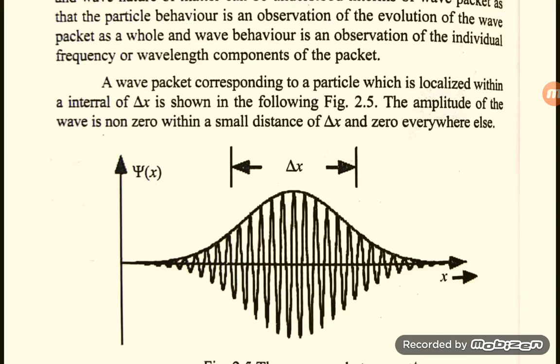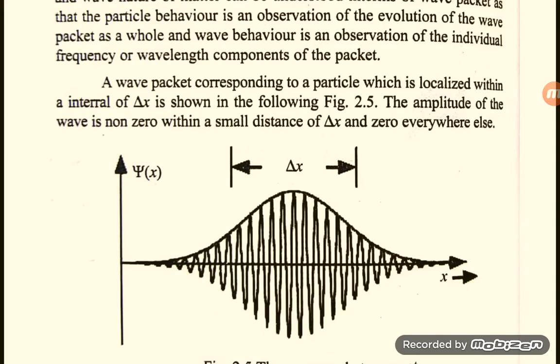After delta x there is also a wave, but the amplitude is very less. Where the amplitude is less, we cannot find the particle. But where the amplitude is maximum, there is a greater chance to find the particle in that wave packet.